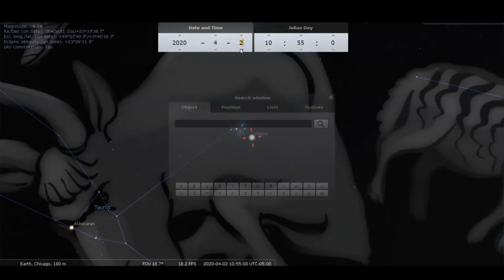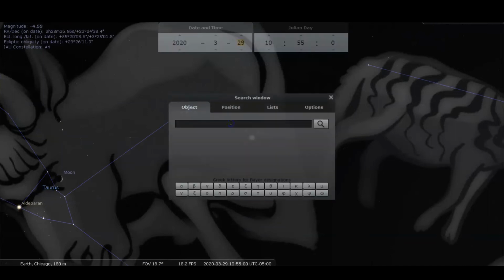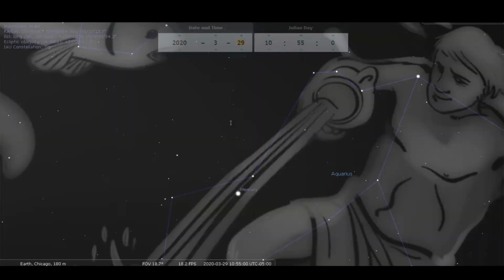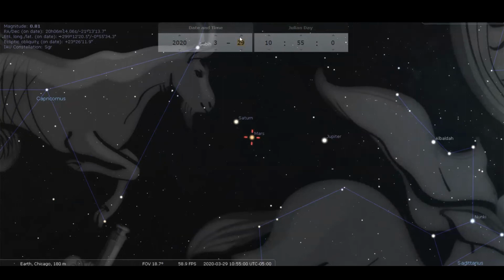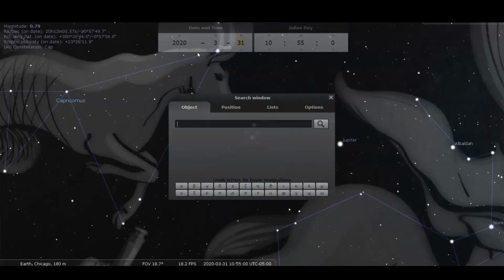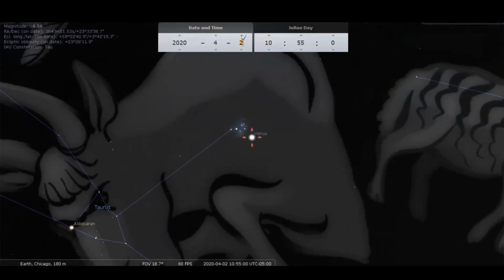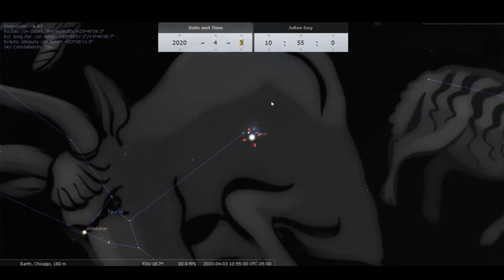And if we look at Mars, which is associated with the god of war, you can see on 3/31 it is in conjunction with Saturn. The god of war and the god of time come together. At the same time, Venus is entering the Pleiades.